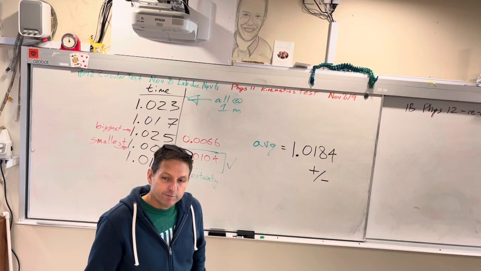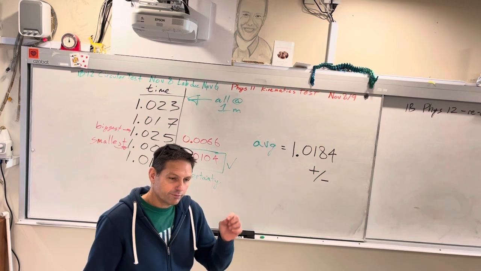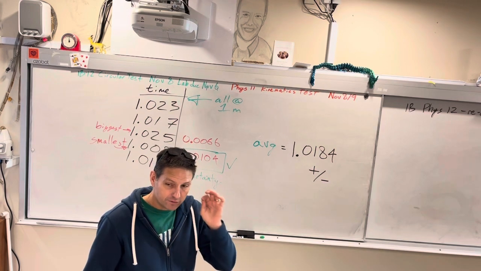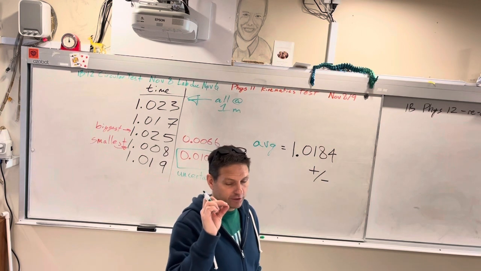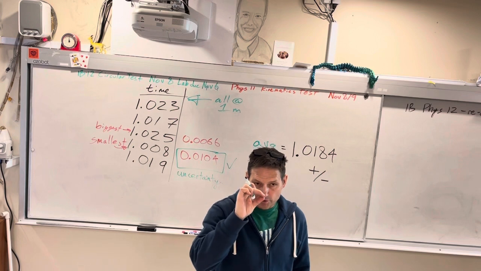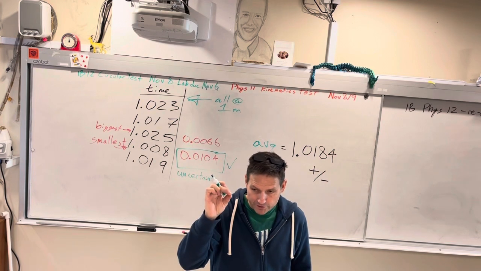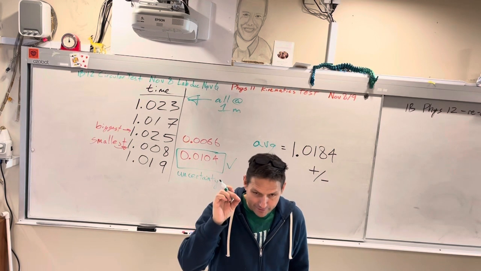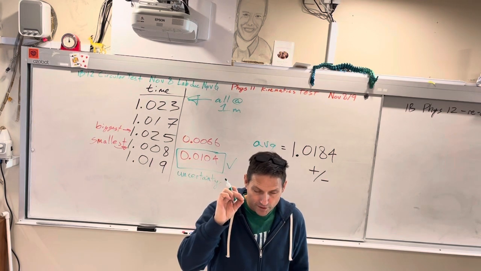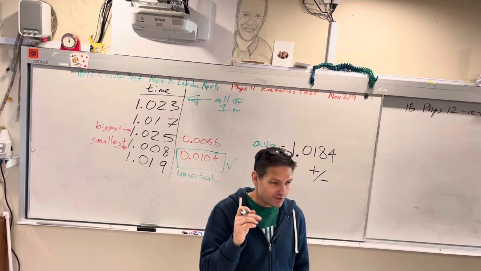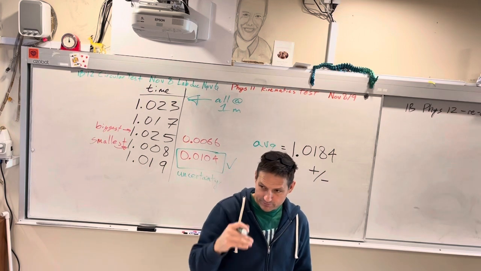Sometimes you'll get told to do that in chemistry and stuff. But that's where, if you're using an instrument where you get the same value over and over and over again, like if you measure a volume in a graduated cylinder, you might get exactly 24 millimeters. And you can look at it 100 times, you're still gonna see 24 millimeters. Then you go to the smallest increment of the instrument.